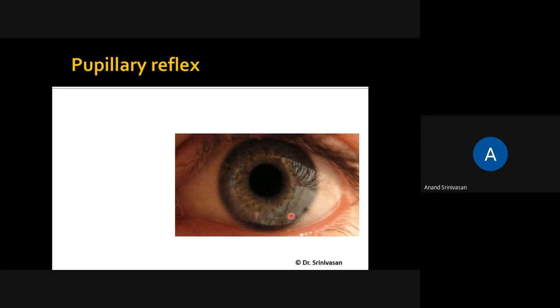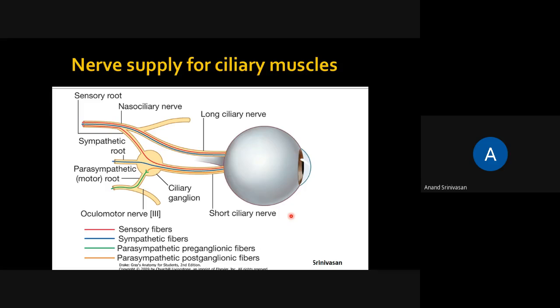Both these muscles are controlled by the ciliary nerves. You can just remember these: the long ciliary nerve and the short ciliary nerve. Both are branches from the oculomotor nerve.